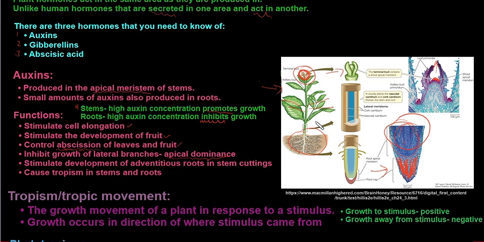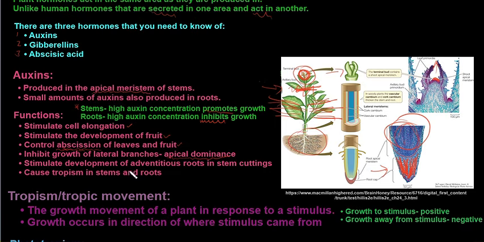It will just get taller. But if you remove that by cutting off that area, the auxins won't have an effect on that anymore, and you'll see that this plant will start spreading out to the sides. It will become broader, and that is how hedges are made as well. So you cut the top part off, and then you'll see this expansion to the sides.